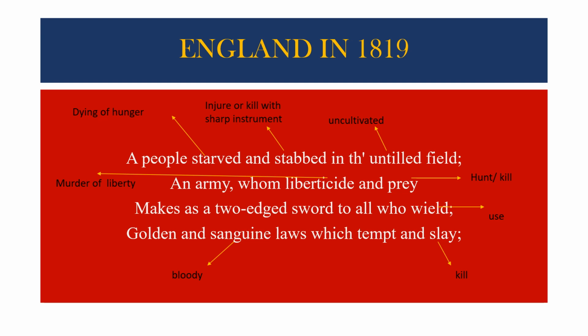So laws are supposed to do that. But what are the laws doing here? They are not protecting the rights of the people, nor are they working for the welfare of the people. They are golden laws. They look golden. They appear good, but they are sanguine laws. They are bloody laws. They are exploitative laws which tempt and slay, which kill.